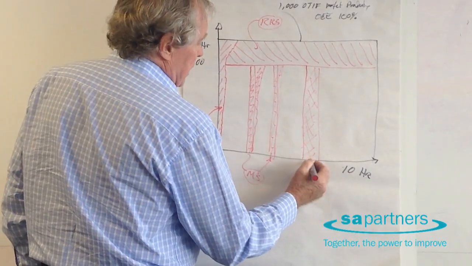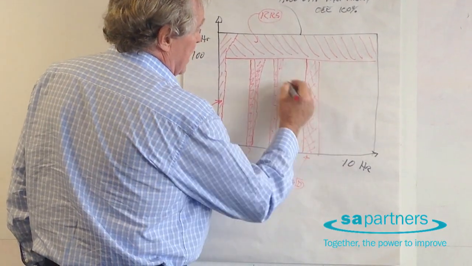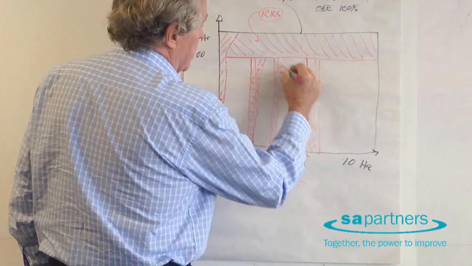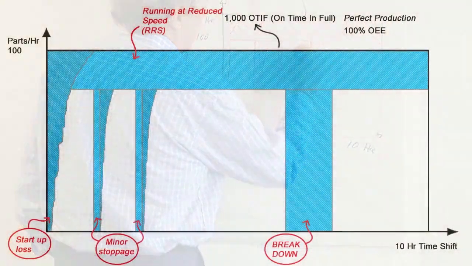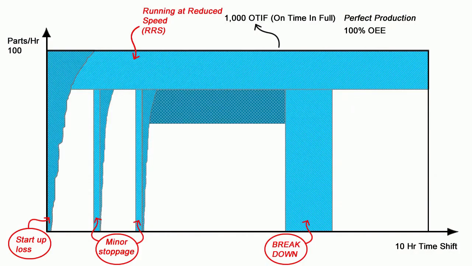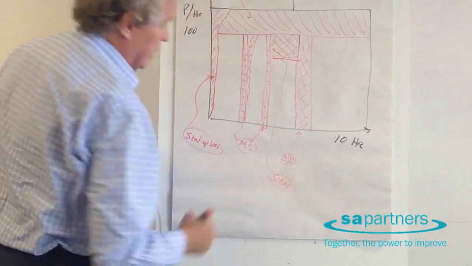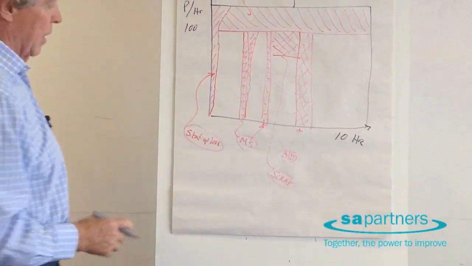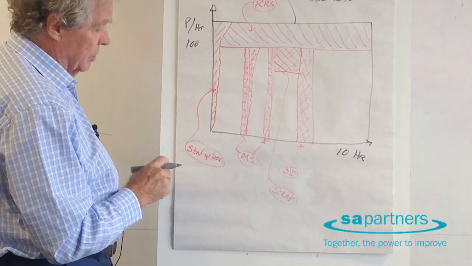Now, the point is that that breakdown was unplanned, and also, because we've had to completely clear out the system in order to repair that breakdown, we've actually produced quite a lot of scrap that has to be cleaned out of the system. So far, we've got 5 classic losses.